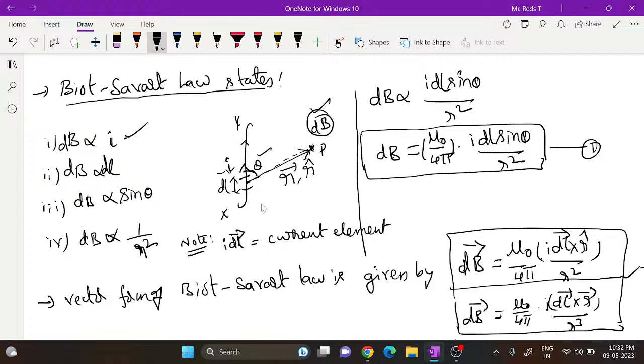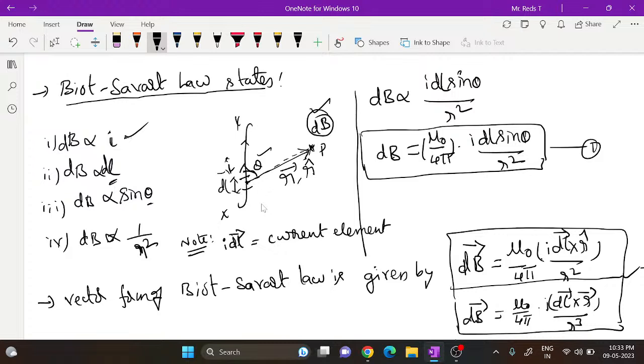Next observation says dB, the small amount of field produced by the element, is directly proportional to the length of the element. dl is the length of the element. It is also directly proportional to the sine of the angle theta between the line joining the element and the point, and the current direction.